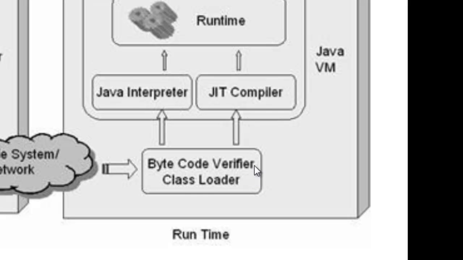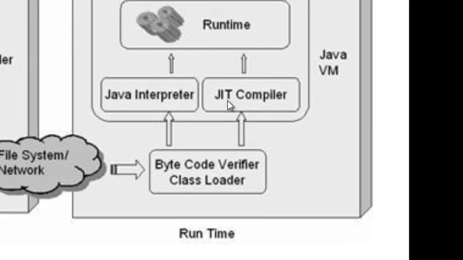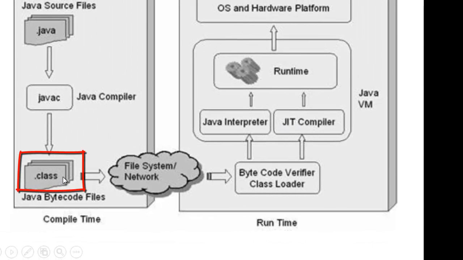Once these two tasks are performed by the runtime engine, the code will be forwarded to the JIT compiler and the Java interpreter. The .class file is not exactly native code or executable code. It is machine instruction.